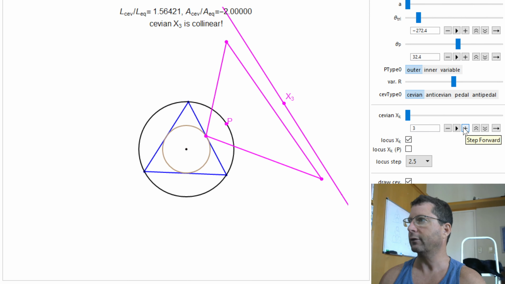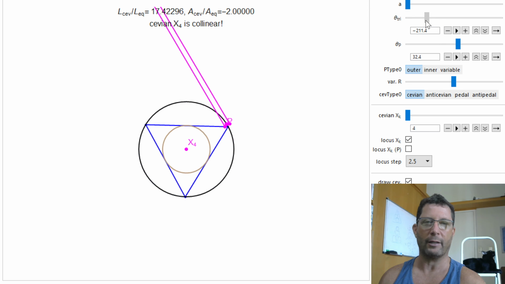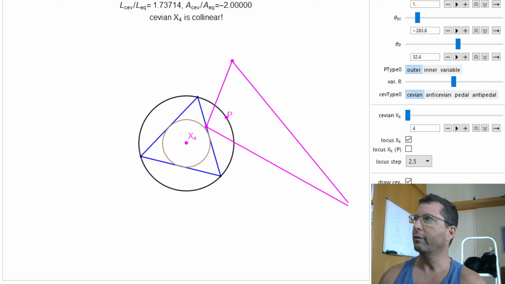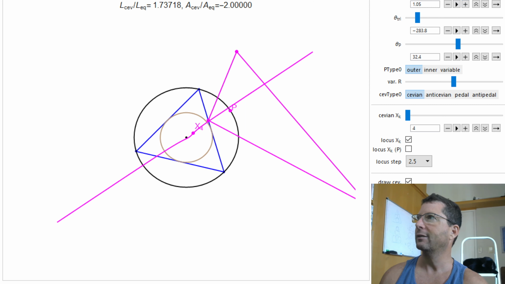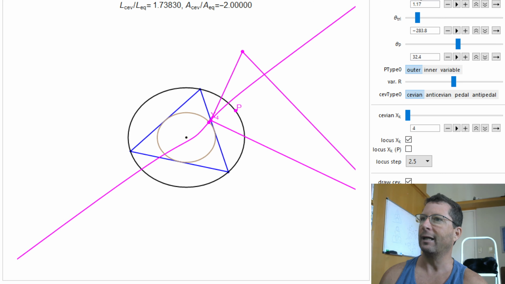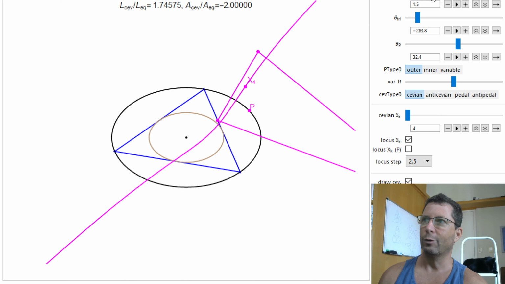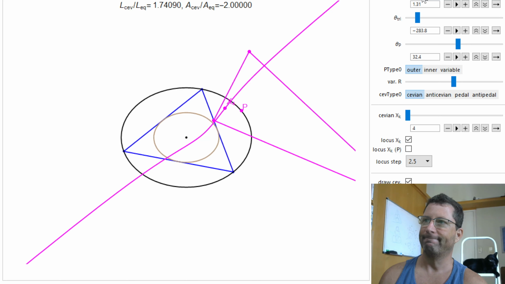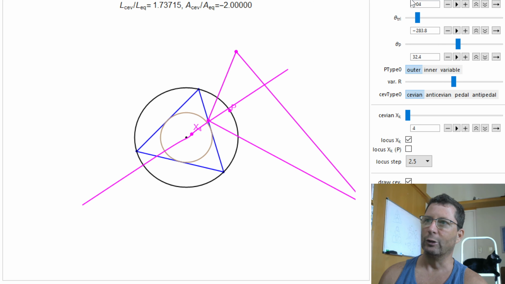So let's go back to X4. Remember that it was nicely stationary over the equilateral family, but as soon as I move away one iota from this and apply one iota of affine transformation, X4 in a way explodes. So X4 now becomes, as I start applying my affine transformation, a non-conic. There's a sort of transition from something that looks pretty close.